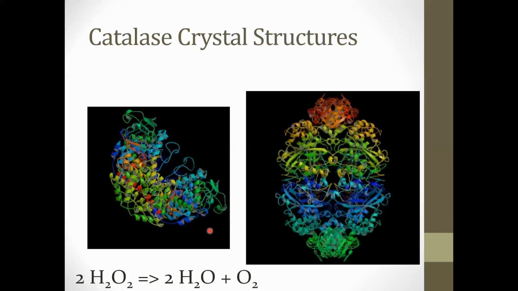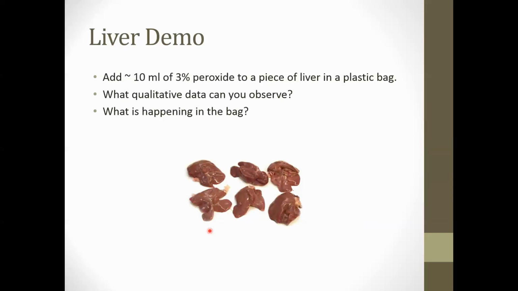So we produce it, and then we have to break it down, and we use catalase to do that in our cells. You'll do a demo of liver in lab to see the action of this enzyme and to feel the exergonic effects of this reaction.